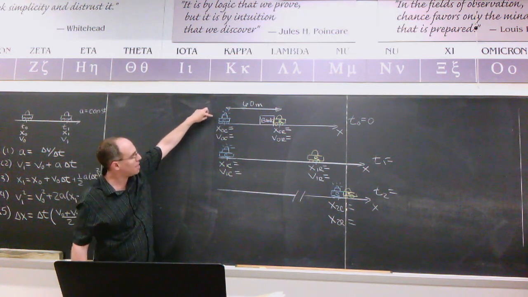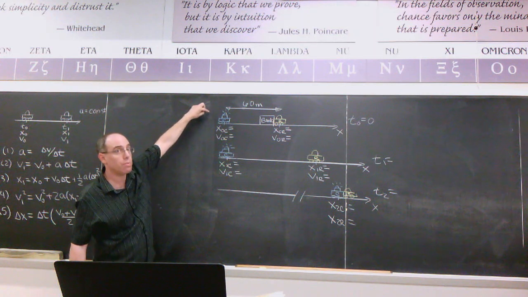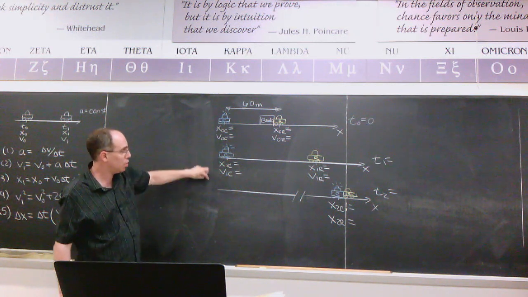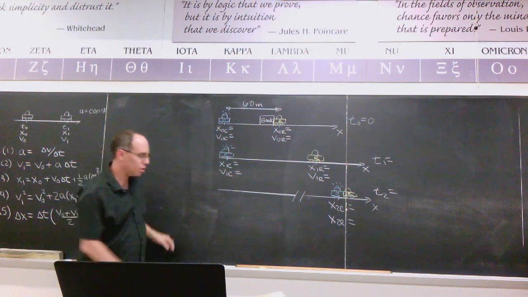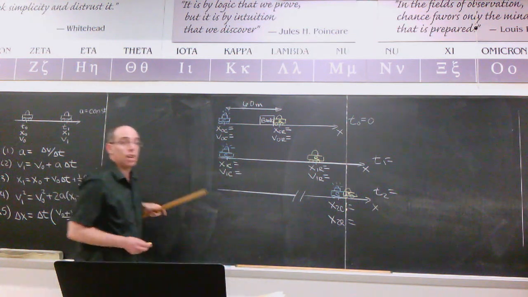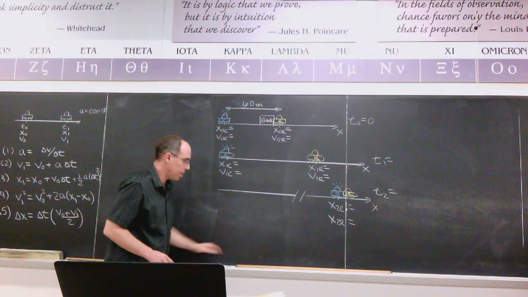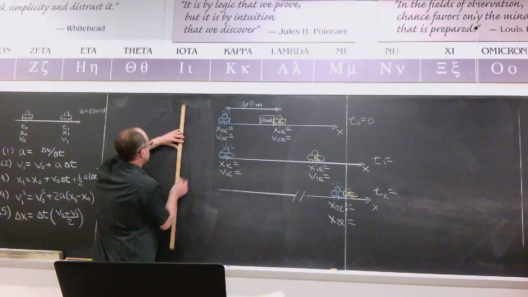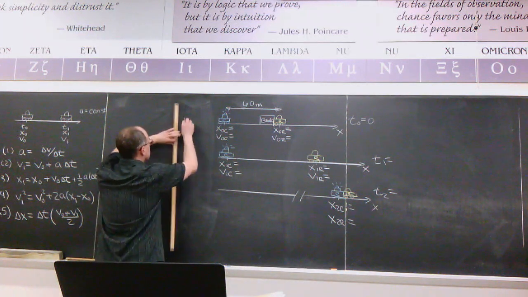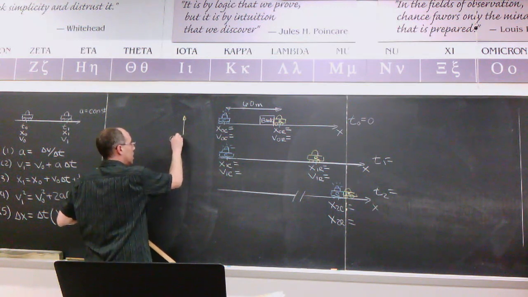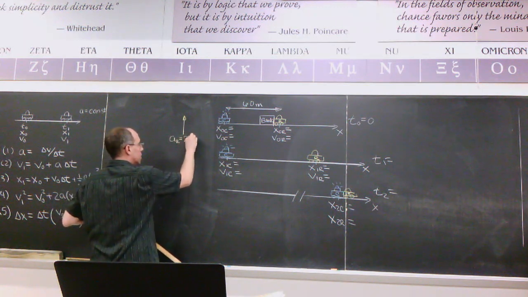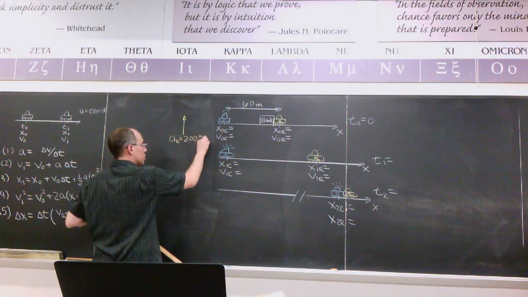The robbers have the same acceleration all the way from moment 0 to moment 2. So to indicate that, let's just put in an arrow that goes all the way from 0 to 2 with the acceleration of the robbers. We have a robbers equals 2.00 meters per second squared.